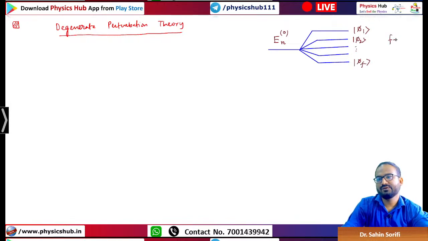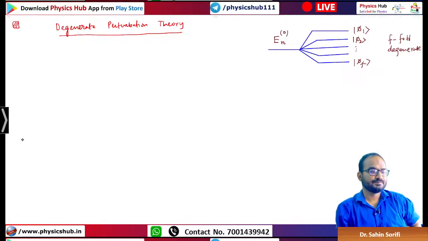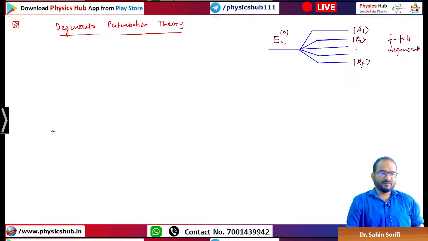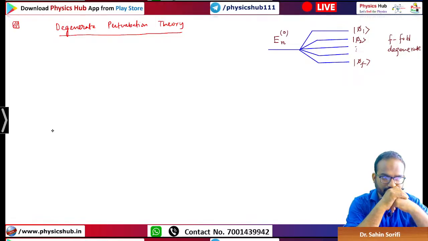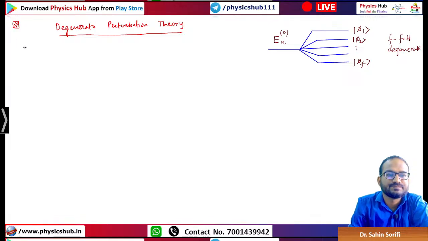So this is f-fold degenerate, meaning the degeneracy is f. Degenerate perturbation theory is also part of time independent perturbation theory.